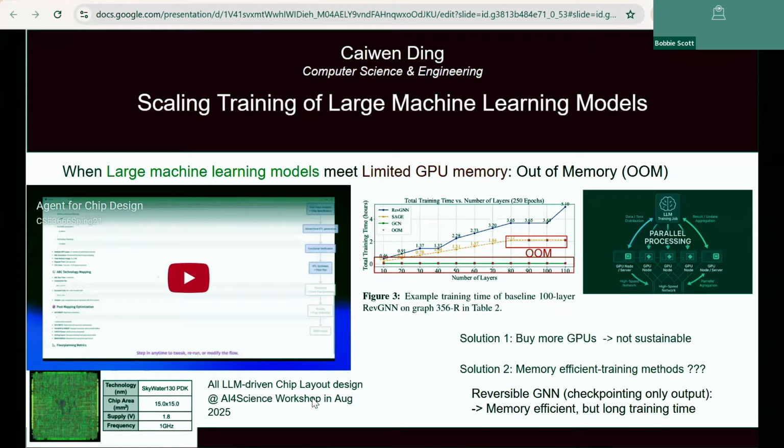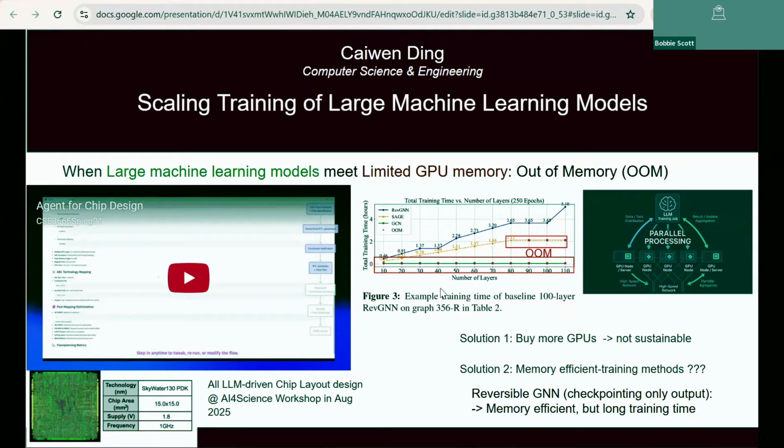And in the future, I think we can use our agentic AI to help speed up, at least to help us save some human students' effort. And then later on, we show this is all designed by the large language model agent. It's a chip design. So I talked about that in the August workshop.